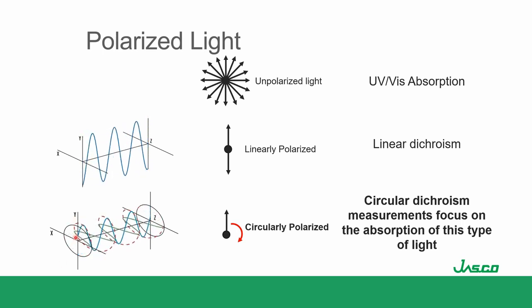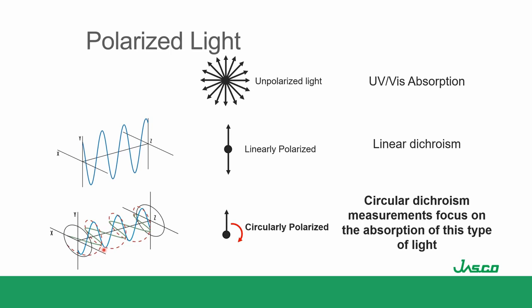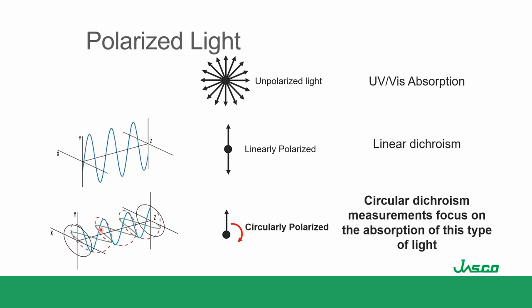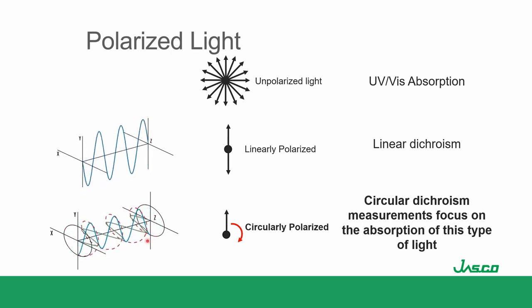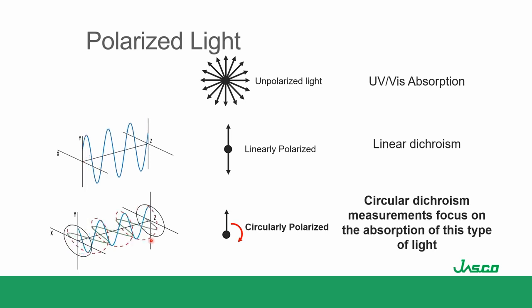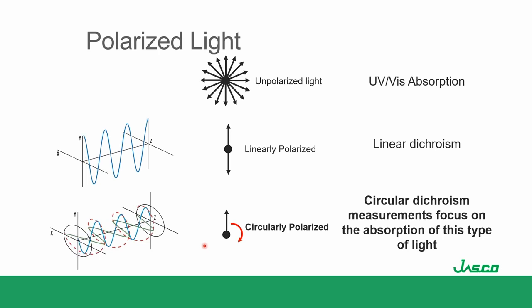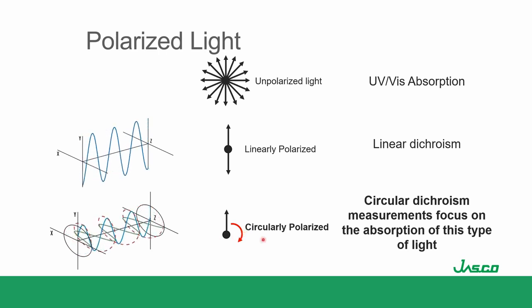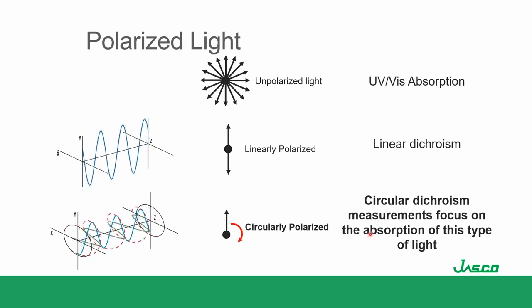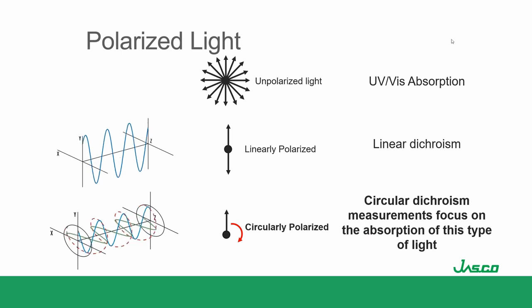You can see this dashed line here is the direction of our light vector, and it corkscrews around the z-axis, almost like pulling a Slinky at two ends. That's the direction that this electric field is taking when it's circularly polarized. And circular dichroism measurements are going to focus on the absorption of circularly polarized light.